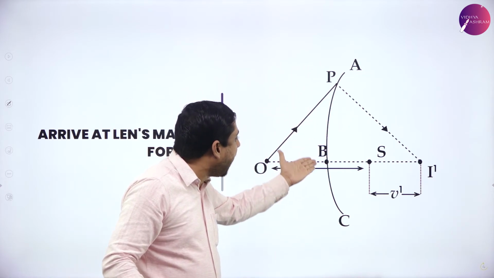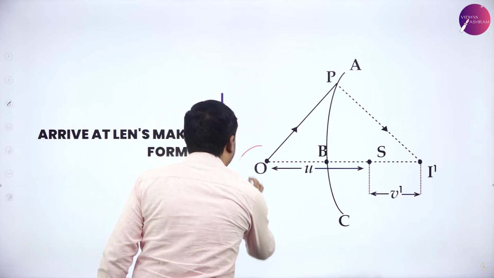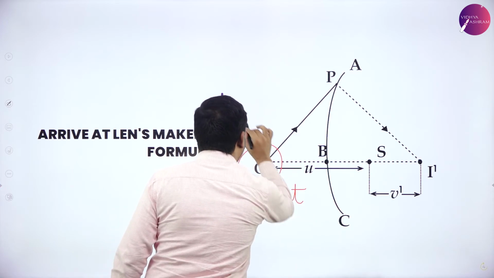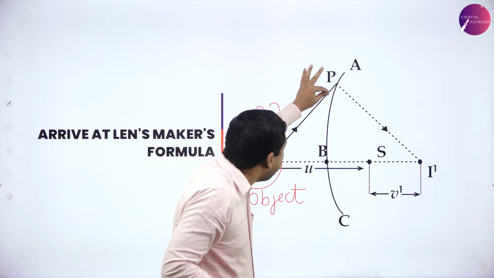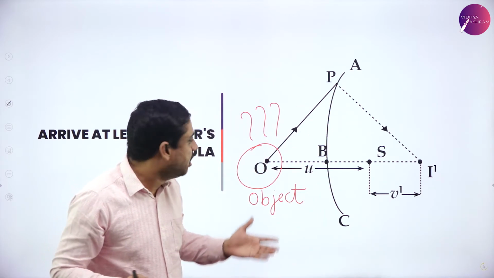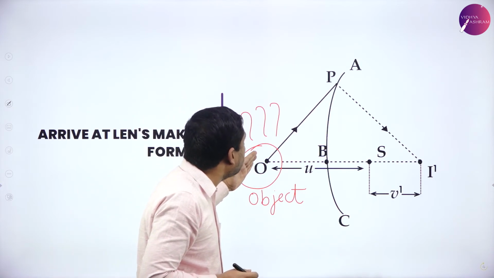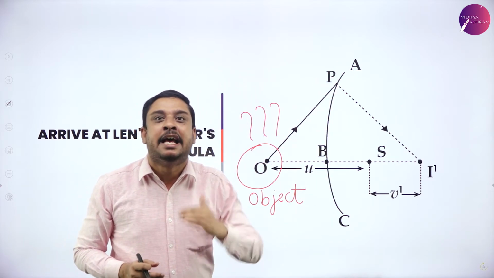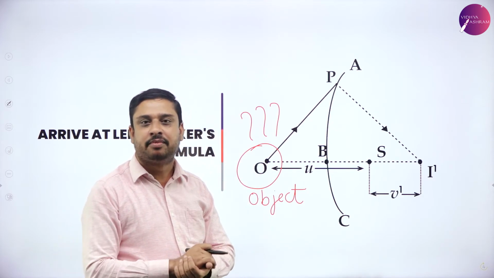If I imagine that ABC is absent, then what about the incident ray and what about the object? If ABC is absent, then can O behave as the object? Ray of light from the object has to be incident on the surface, then refraction has to happen, then formation of the image.